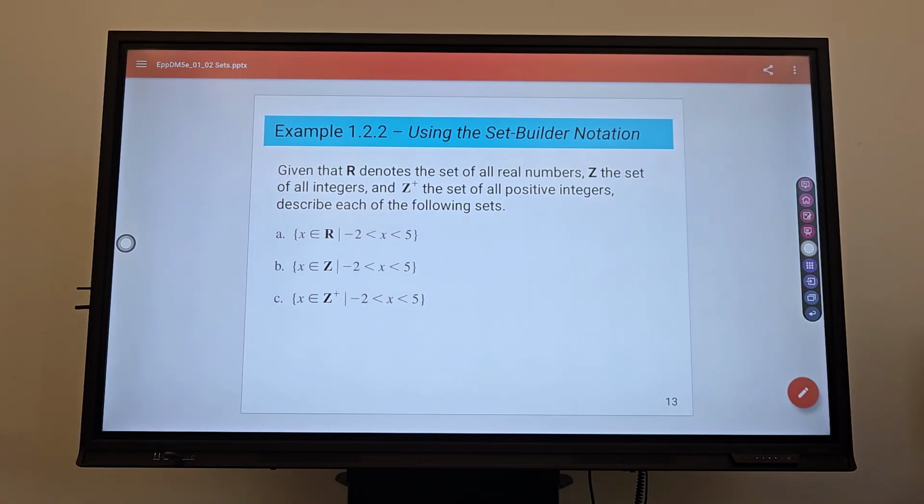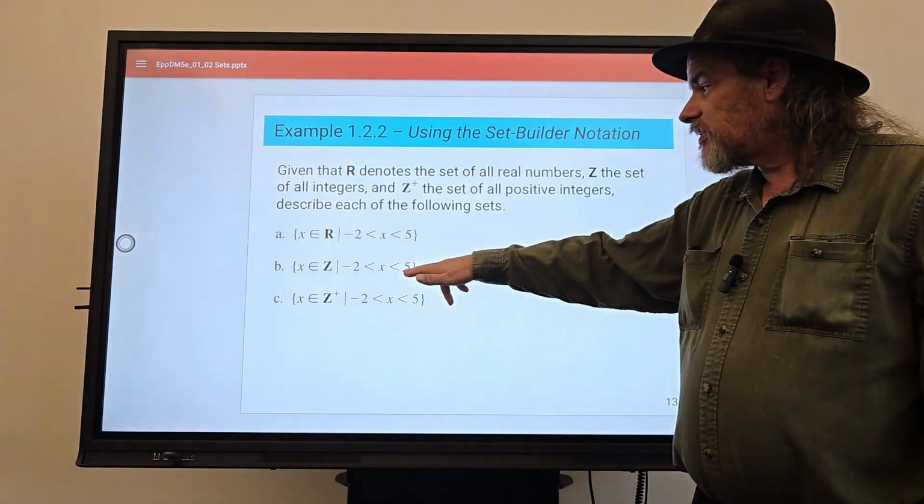Is it infinite or finite? No, it's infinite because there are infinite numbers between 2 points if they're real numbers. With integers, that would be different.